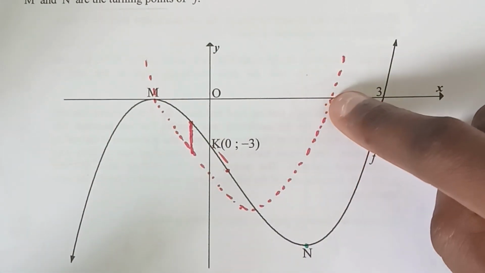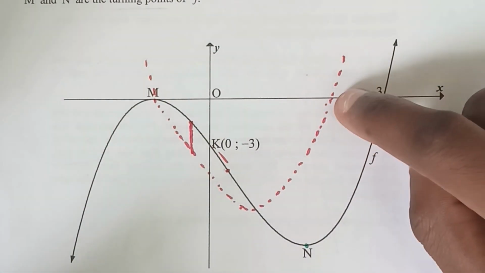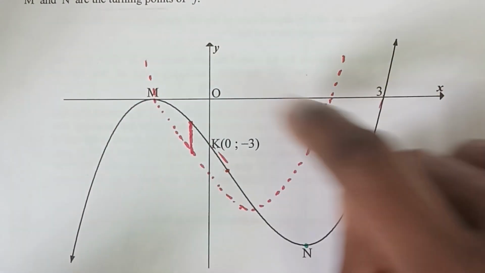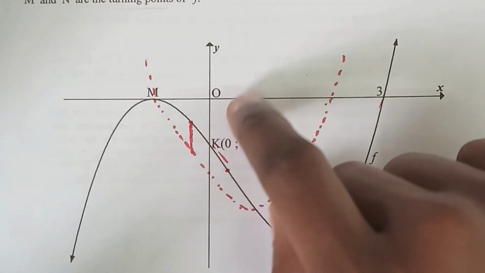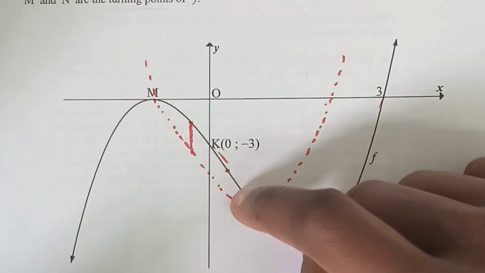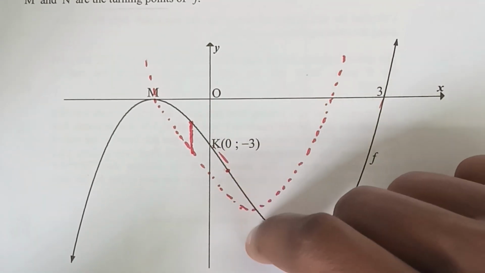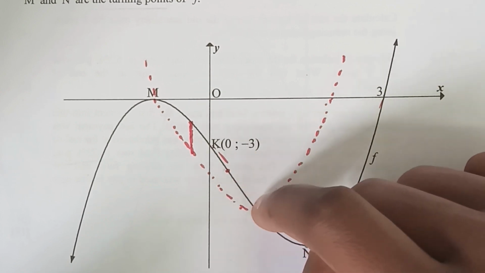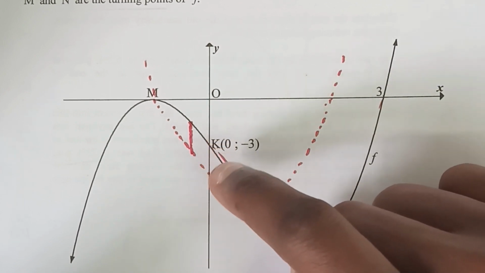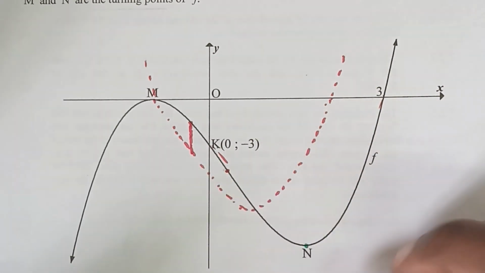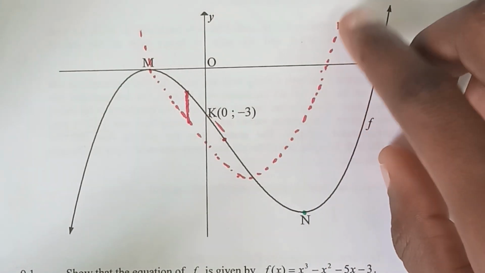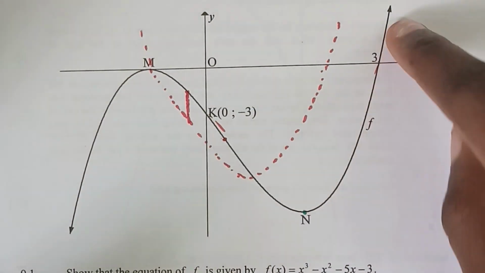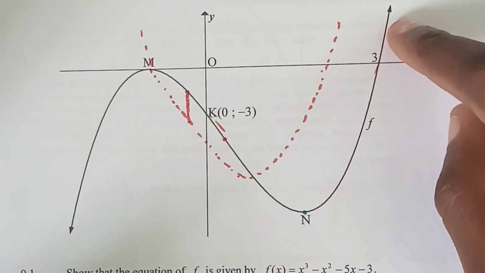So it means that here we have our positive 2 and our negative 1 as our x-intercepts, and then the point of inflection is the x value of the turning point of the quadratic graph. So now we have a graph that will look like this, and then we have this original graph that is f of x.